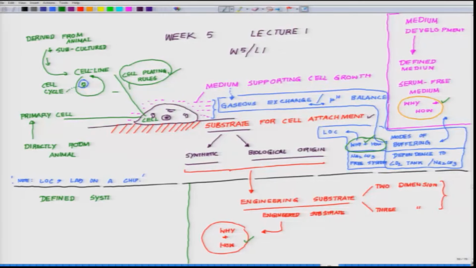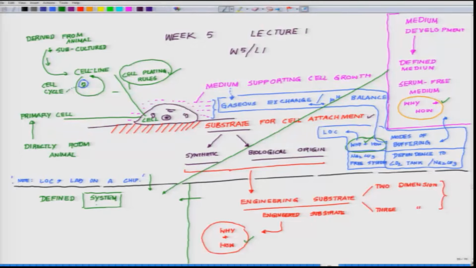This is the emerging concept in all the different cell culture rules or cell culture techniques we are working with, which includes, in terms of the system, what we meant when we said defined.